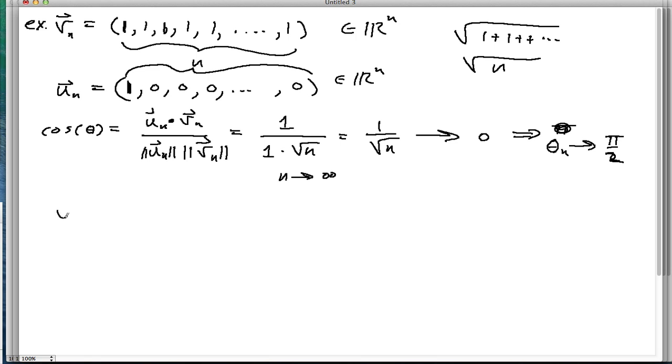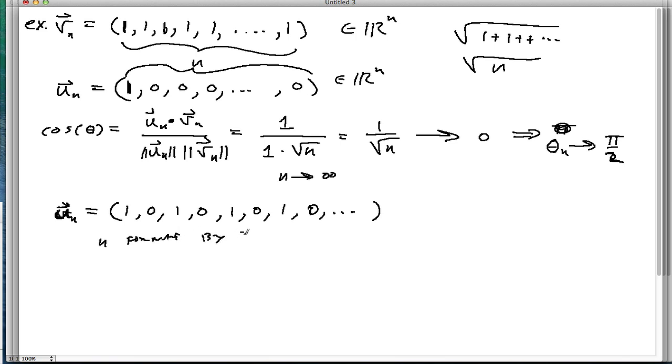So now let's try another example. I'm going to keep Vn the same. Sorry, I'm going to change un. Now I'm going to make it so that every other entry is 1. Okay, and so now I'll just take n, and we're going to step forward by 2 places, so just by 2 dimensions.